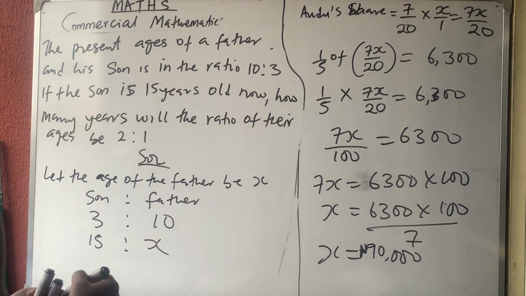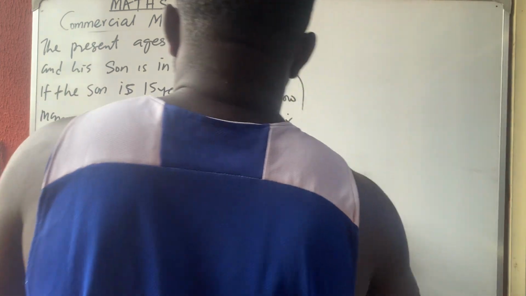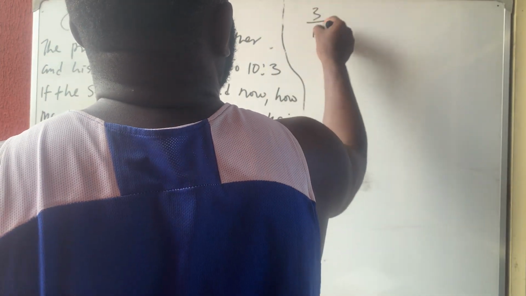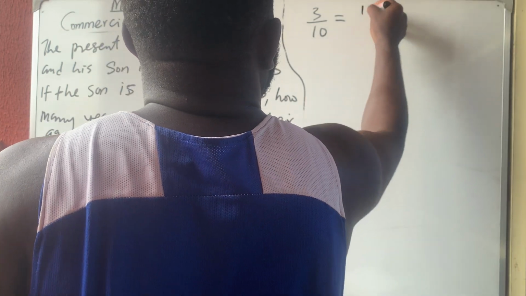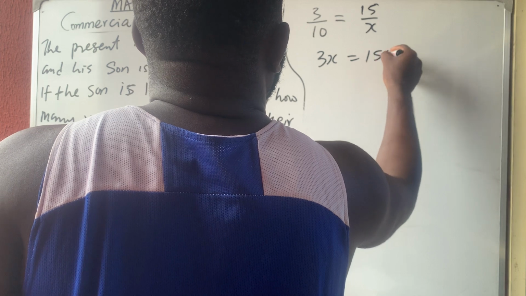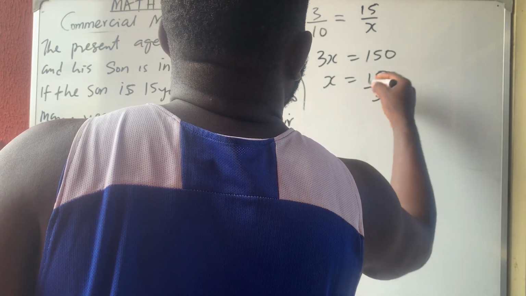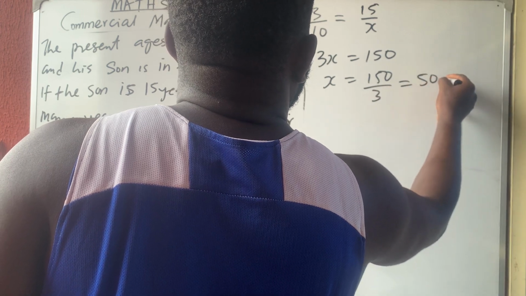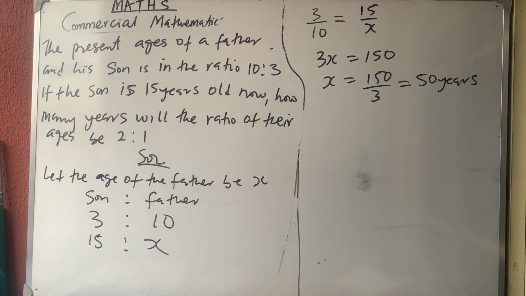So let us do the math. Don't forget that is to means divide. So I'm going to have 3/10 is equal to 15/x. So cross multiply to have 3x is equal to 150. So x is equal to 150 divided by 3. So what do we have? 50 years. Okay. So the age of the man currently is 50 years.